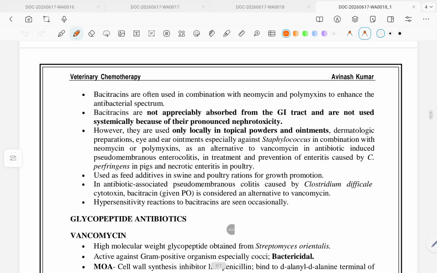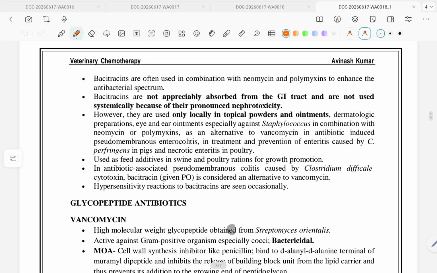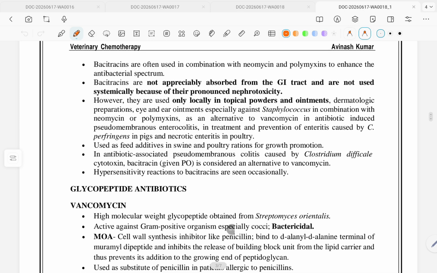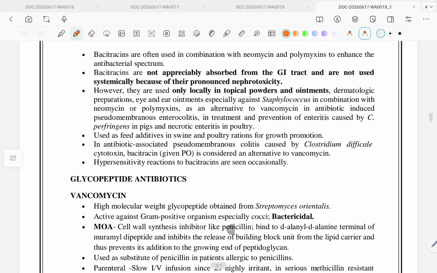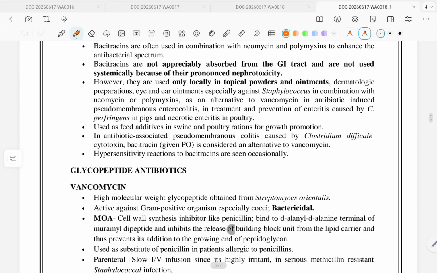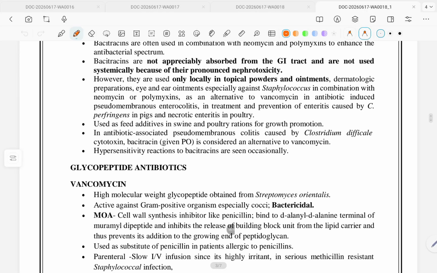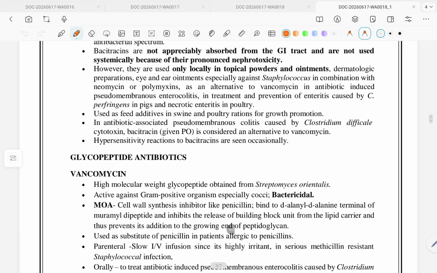Bacitracin is not appreciably absorbed from the GI tract and is not used systemically because of its pronounced nephrotoxicity. However, it is used locally in topical powders and ointments: dermatological preparations, eye and ear ointments, especially against Staphylococcus in combination with neomycin or polymyxin.